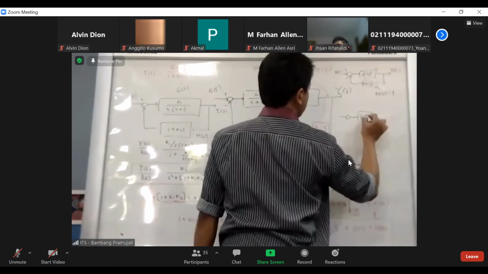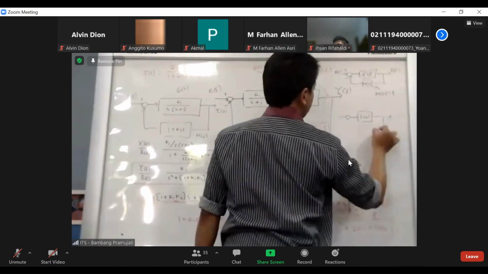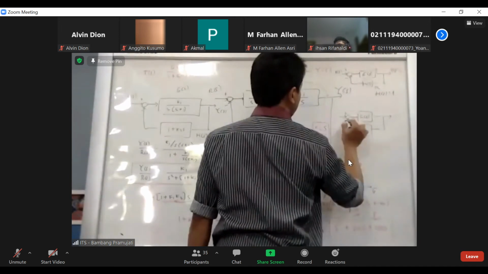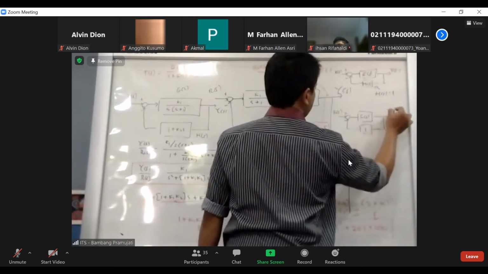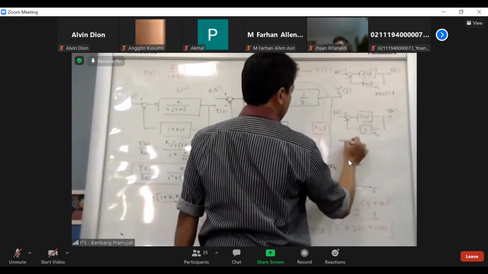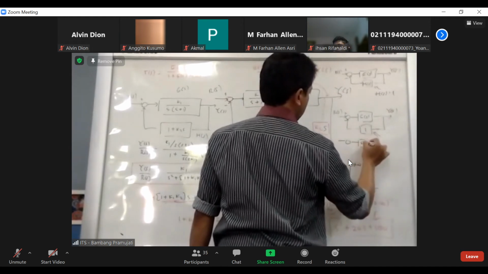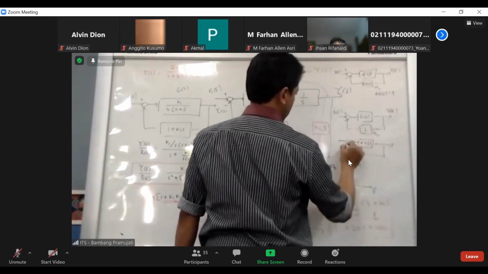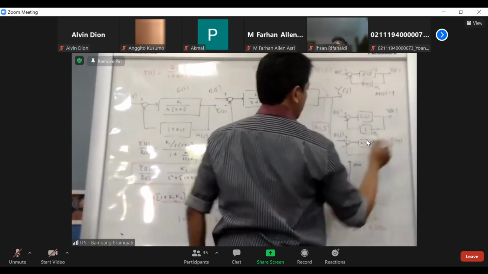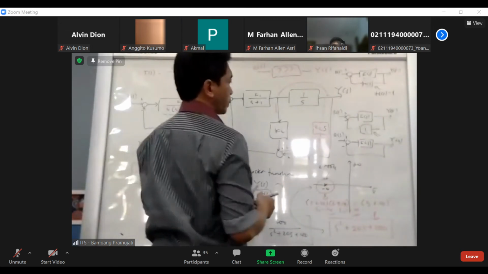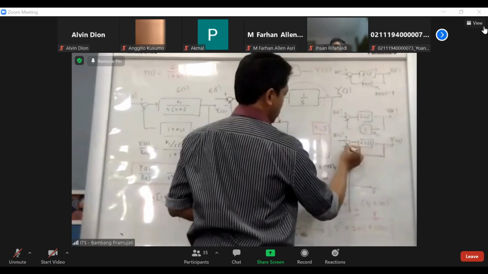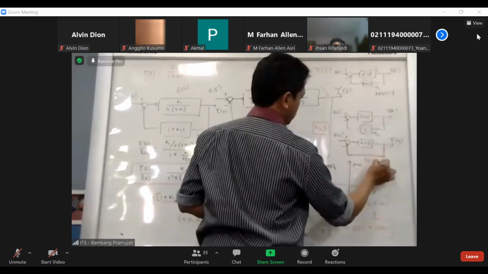Say this is G(s), and then you can draw it like this, or you can draw it like this. When you have a feedback loop with only a line, this actually represents that your H(s) equal to 1.